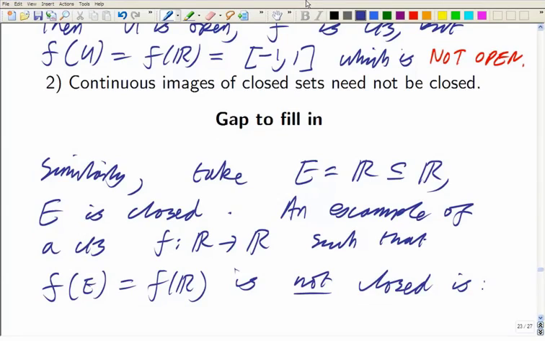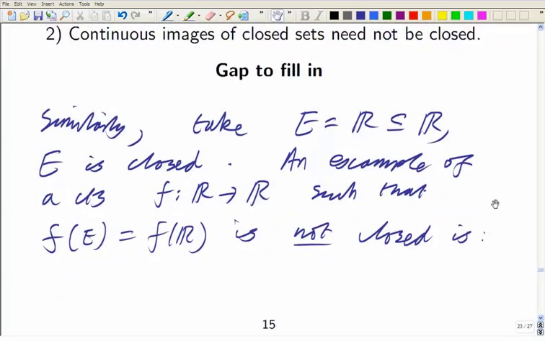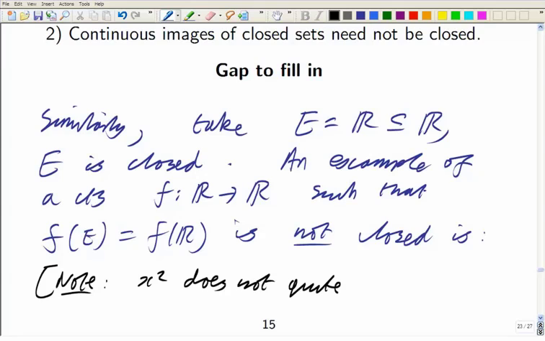Okay, let's see what people came up with. I mentioned that there was a good try of x squared, but it doesn't quite work, because you'd end up with the closed interval 0 to infinity. And it may not look closed, but unfortunately it is.